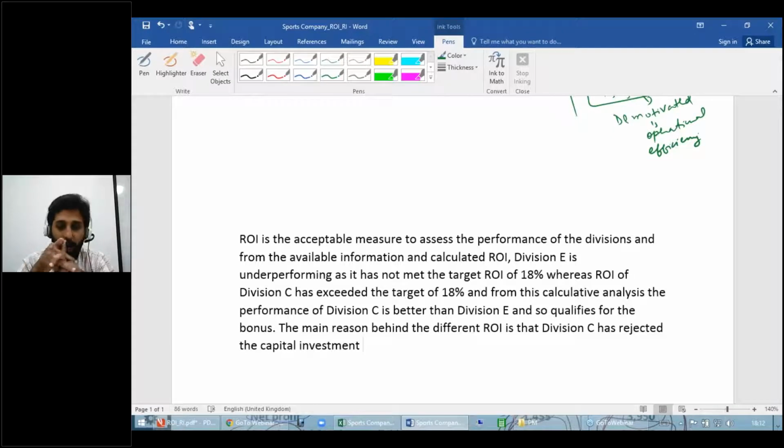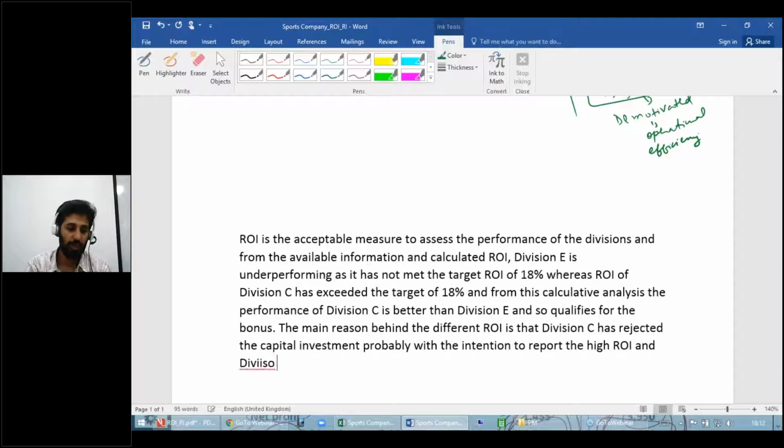Division C has probably rejected it with the intention to report a high ROI, and division E has made the capital investment of $2 million.